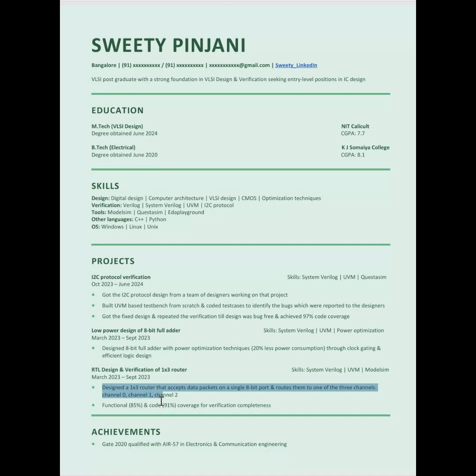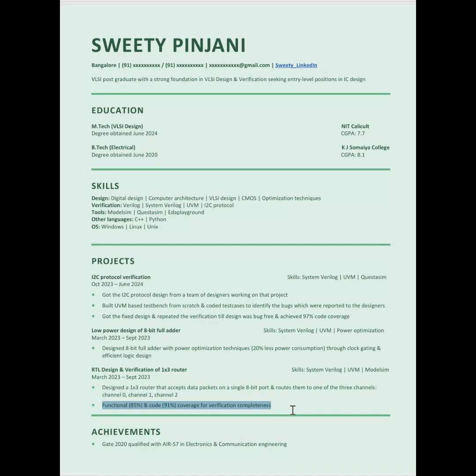There were three channels: channel 0, channel 1, channel 2. For accepting the data packets, there is a single 8-bit port, but for routing, it can be one of the three channels. And then they have also done the functional and code coverage for this.